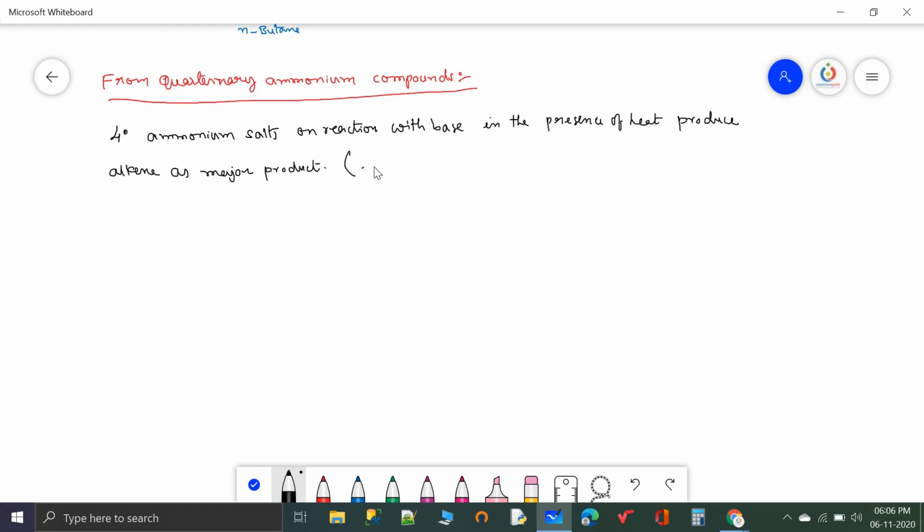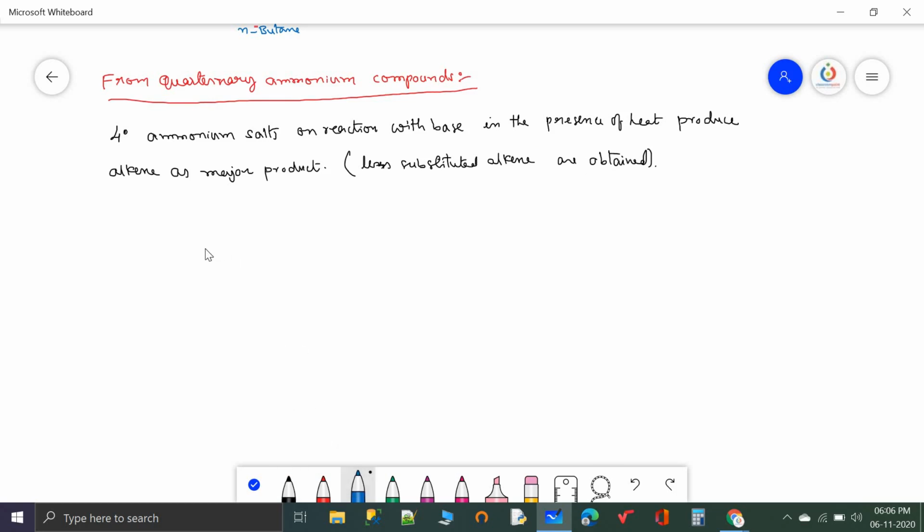And always less substituted alkenes are obtained. I will take an example here.